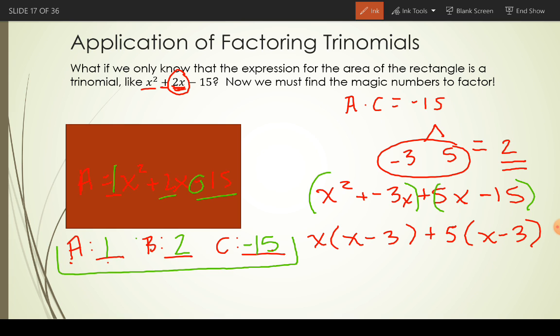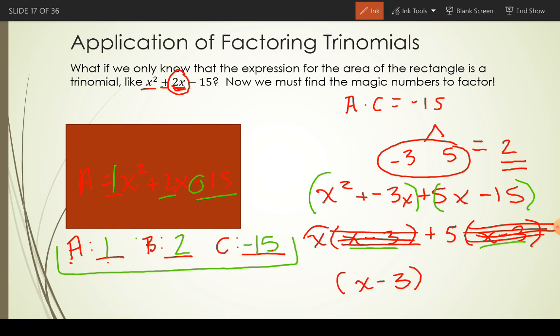Okay, so I need to make sure that what's inside of my parentheses is the same. I need x minus 3 in both, and that's what I have. So that is going to be one of my factors, x minus 3. Once I write that factor down, I'm going to scratch this out so I can clearly see what's left.